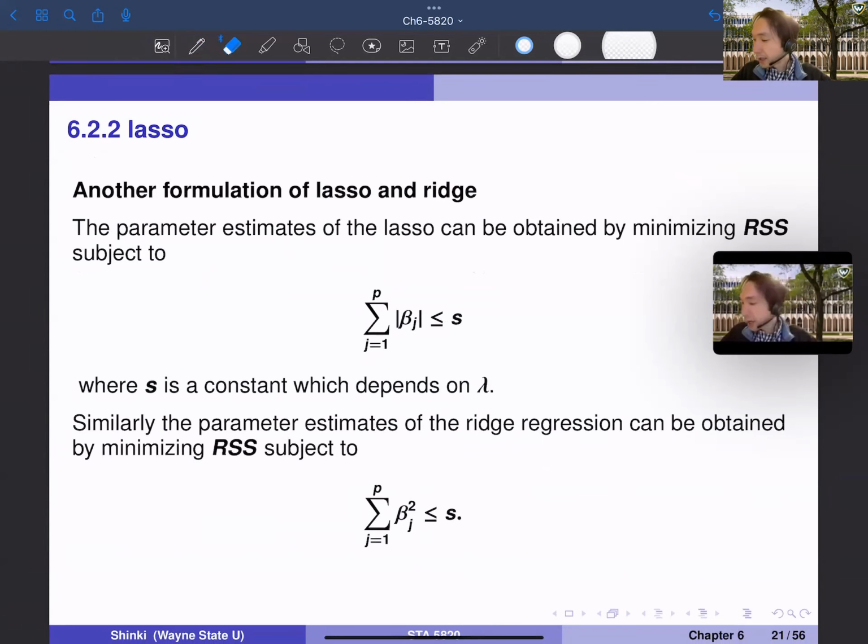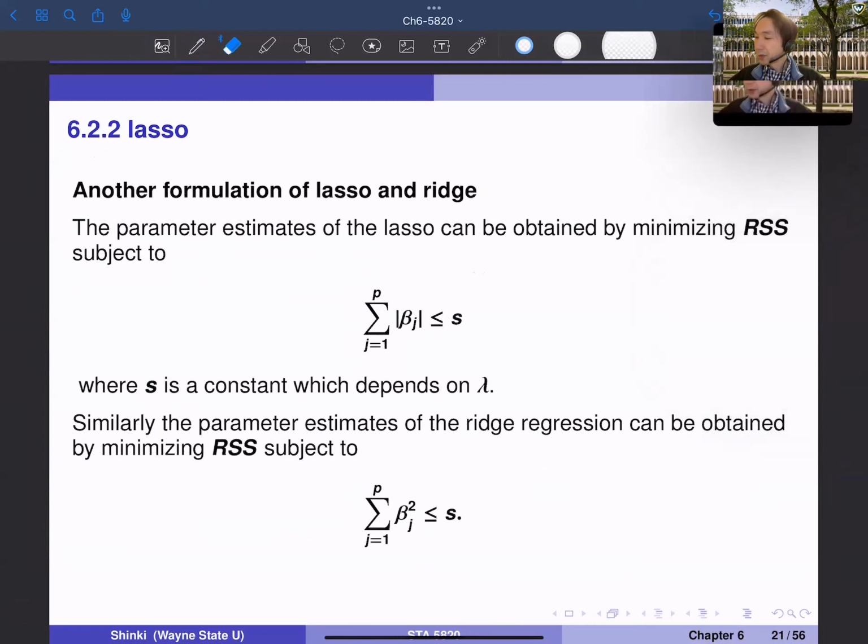Yeah, and this is another formulation of lasso and ridge regression. In the original definition of lasso and ridge, we minimize RSS plus lambda times something. But these parameters, beta naught to beta p, can also be obtained by this method. The parameter estimates of lasso can be obtained by minimizing the RSS subject to this criterion: the summation of the absolute value of beta j is less than s, where s is a constant.